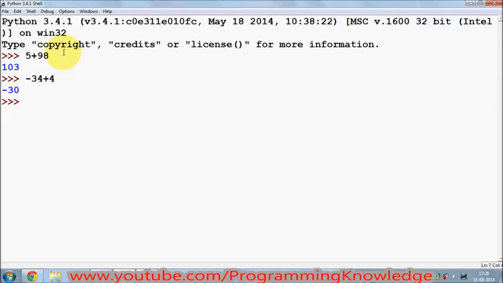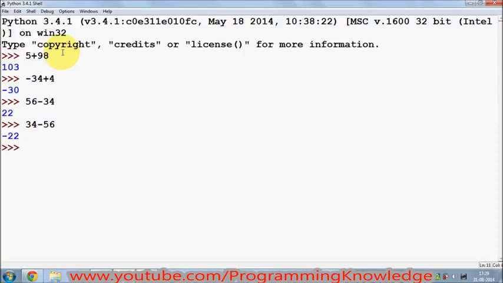Okay. In the same way, you can do subtraction. 56 minus 34, it will give you the answer, and it will also give you the negative value if you provide, for example, 34 minus 56.